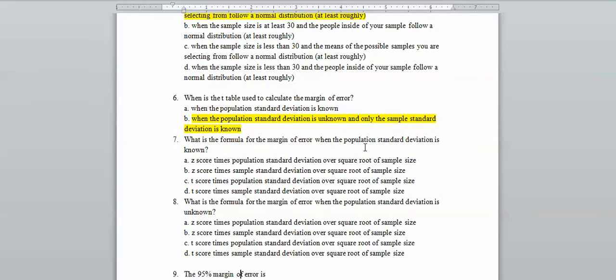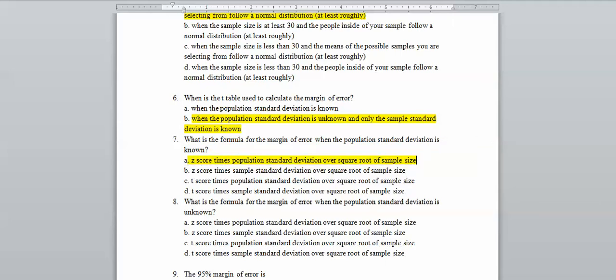I told you that you would use a z-score, so it has to be A or B. If it's known, it can be plugged into the formula, and you don't have to use the sample standard deviation. So it has to be choice A.